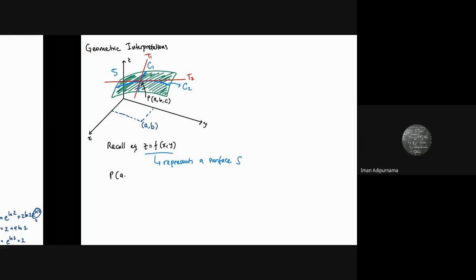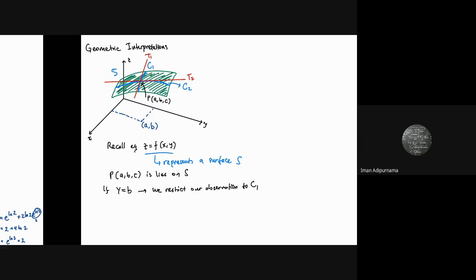And P, the point P, lies on S, the surface S. If we fix y equal b, we restrict our observation to C1, right?